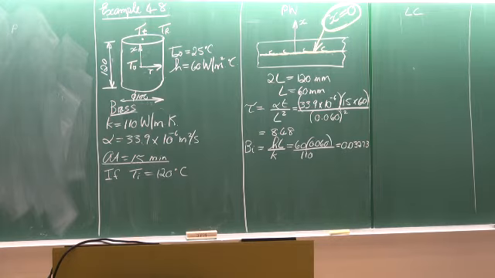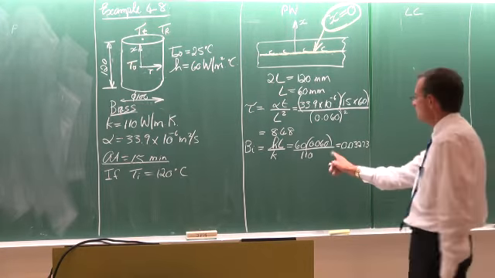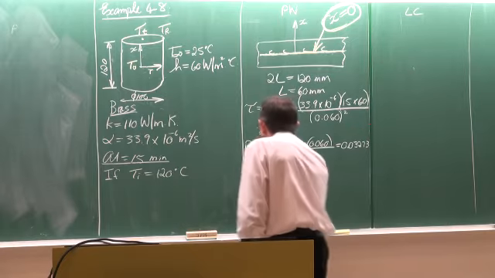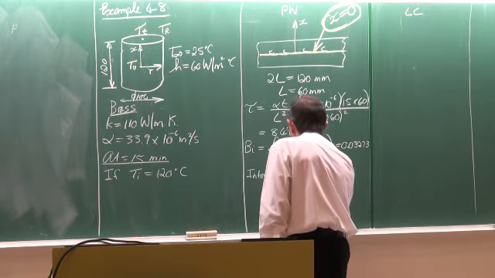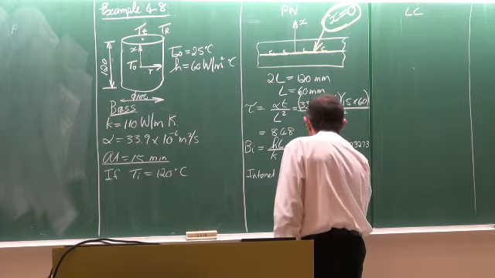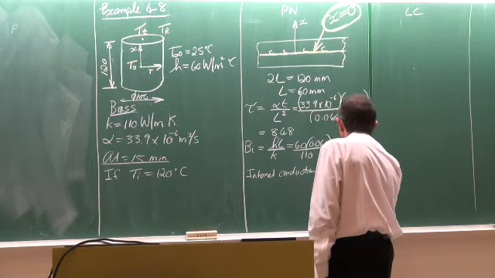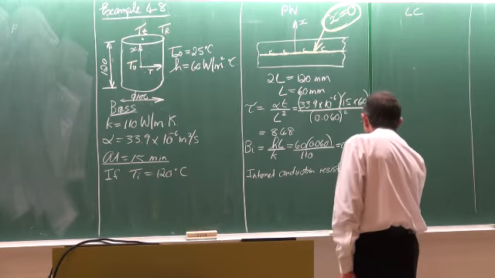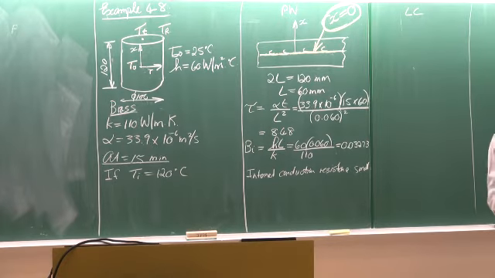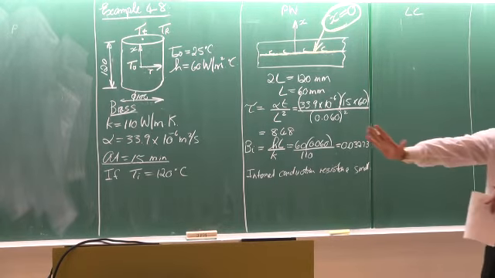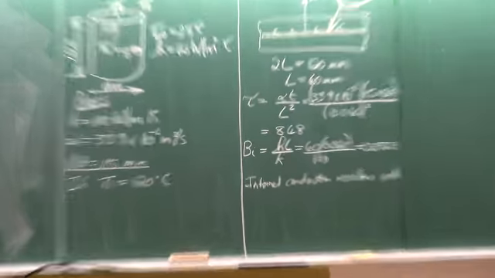If we see such a small Biot number, what does it mean? A small Biot number means the internal conduction resistance is very, very small in comparison with the resistance on the outside.